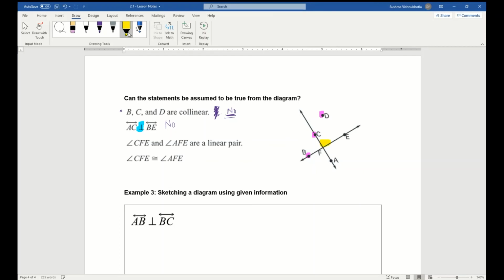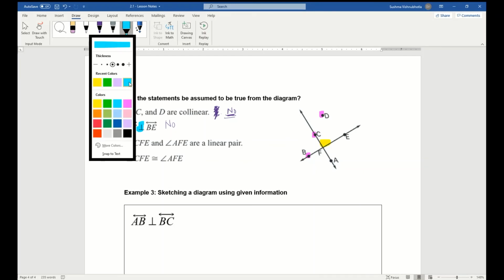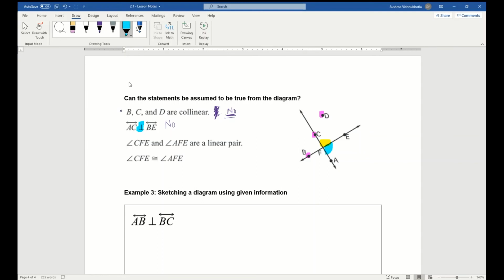CFE, this angle. And angle AFE, which is right here, form a linear pair. And this is true. Because you don't need the postulate, like AF and BE are lines, and linear pairs are formed by intersecting lines. So the diagram doesn't need to give you any additional information for you to assume that these are a linear pair. These two angles are supplementary. They're on a straight line.